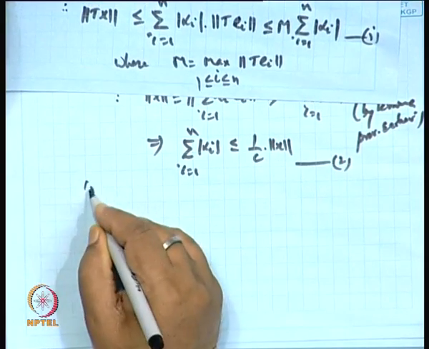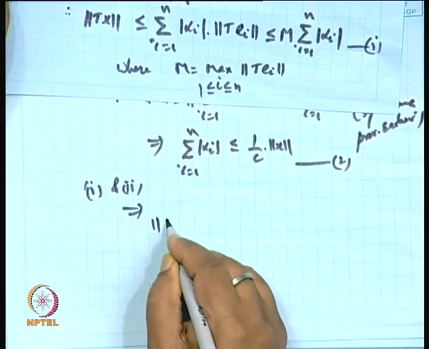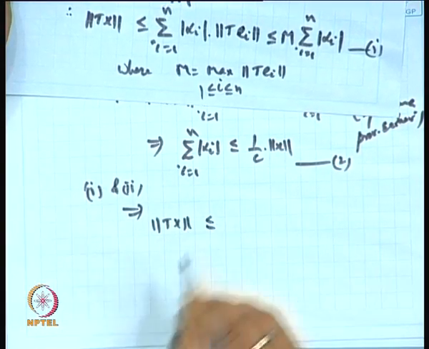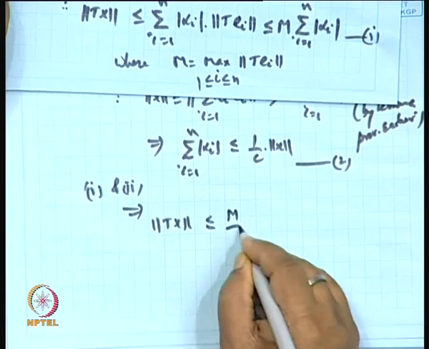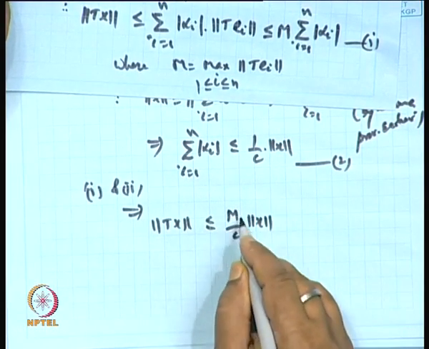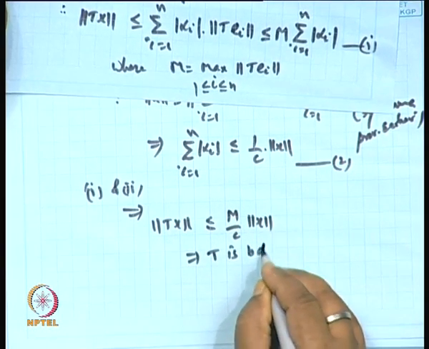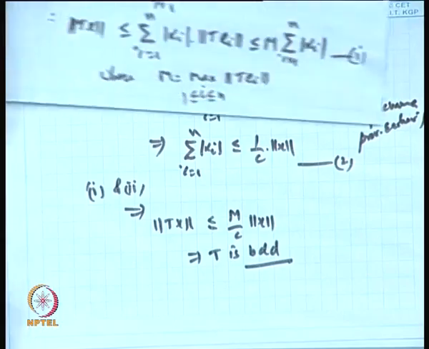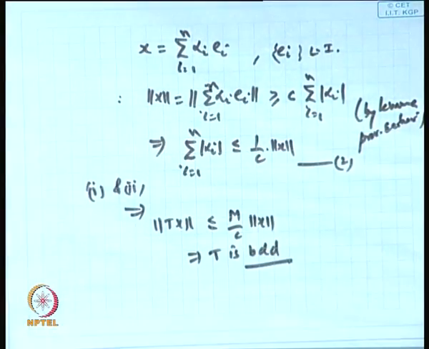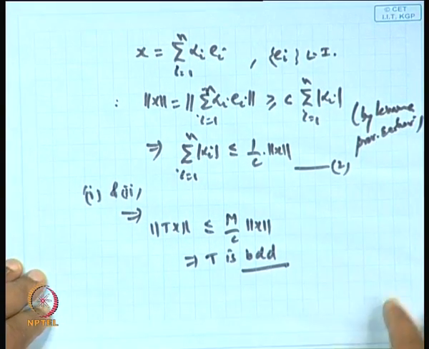So, 1 and 2 give that norm of T x is less than or equal to m by C into norm x. That is, there is some constant. So, this implies that T is bounded. So, every linear operator in a finite dimensional case is a bounded linear operator.